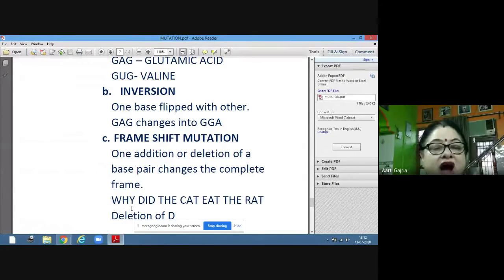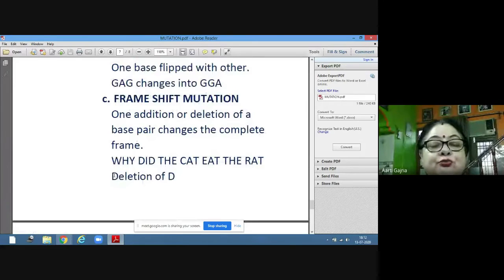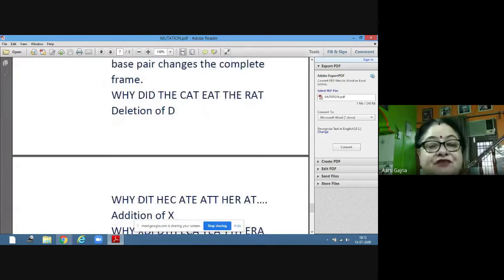So this is: why did the cat eat the rat. Okay, so three letters in each. Now this is making some sense. Now what happens? Suppose due to mutation, there is deletion of this D. Now if there is deletion of this D, what would be the next frame?